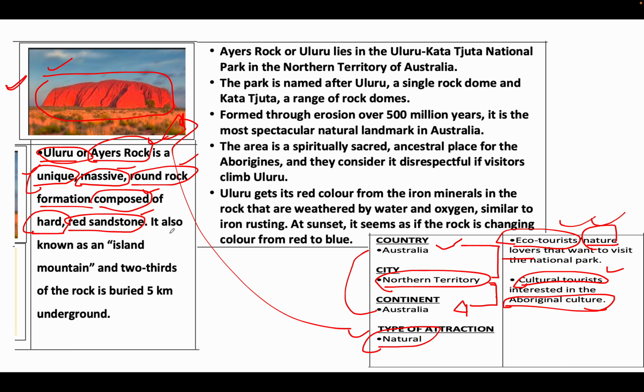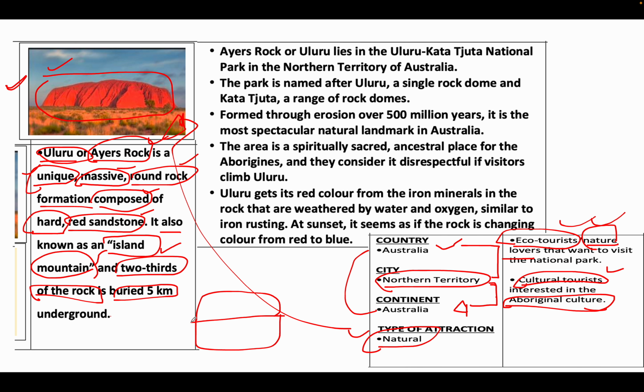This rock is also known as the Iceland mountain. It's two-thirds of the rock, so the other part of the rock, about 5 kilometers of it, is buried underground. So this is the top of it, then there is the other part underneath that is 5 kilometers.